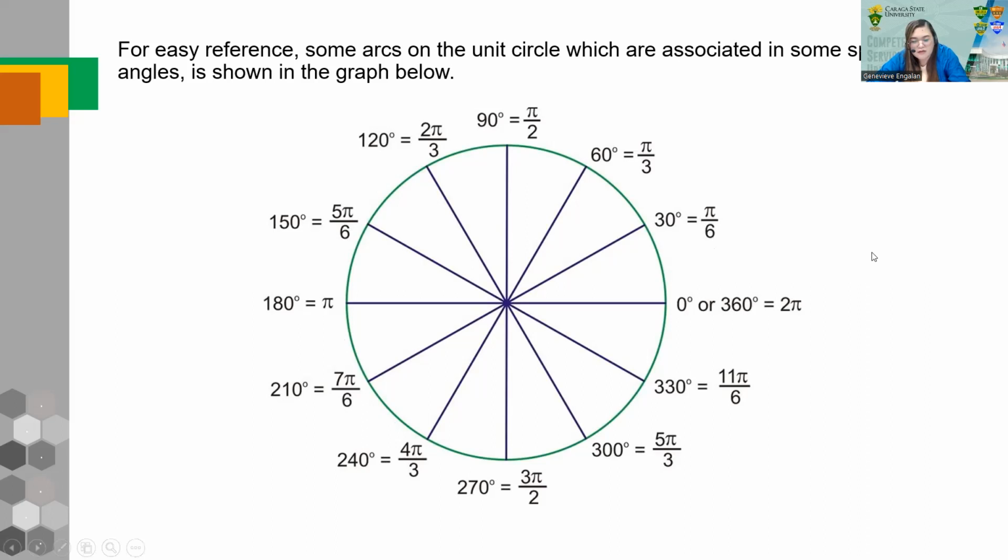For 45, that is pi over 4, 2 pi over 4, 3 pi over 4, up to 8 pi over 4.